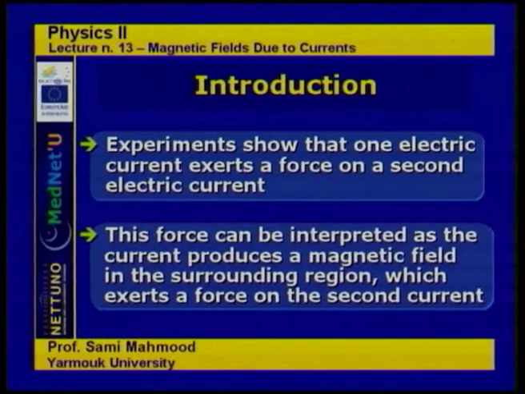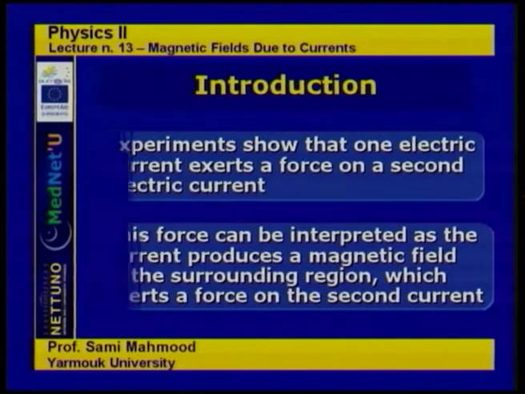And this can be interpreted by recalling that a current-carrying conductor existing in a magnetic field experiences a force. So that way, the interaction between two currents can be interpreted as due to the production of a magnetic field by one current that influences the second current.